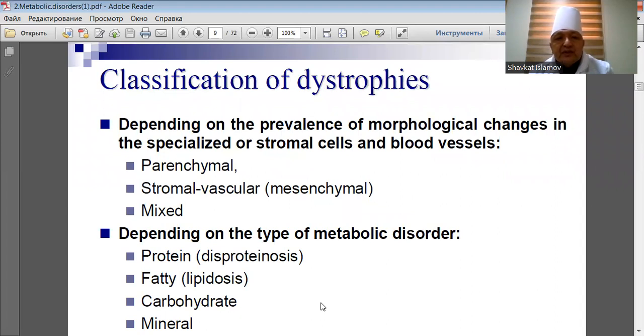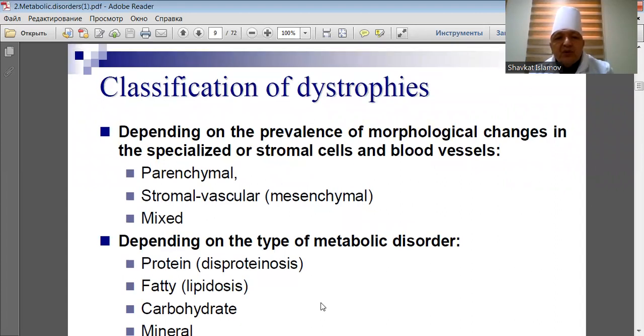Classification of dystrophies. Depending on the prevalence of morphological changes in the specialization of stromal cells and blood vessels: parenchymal, stromal vascular, mixed. Depending on the type of metabolic disorder: protein, fatty, carbohydrate, mineral.